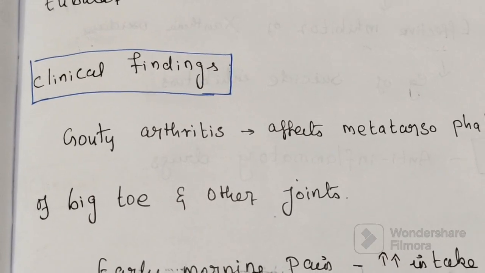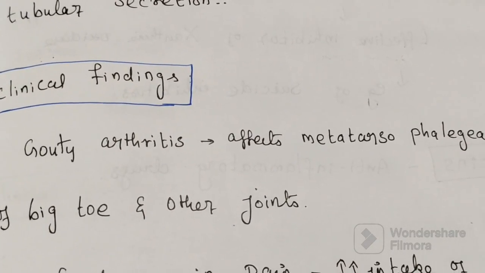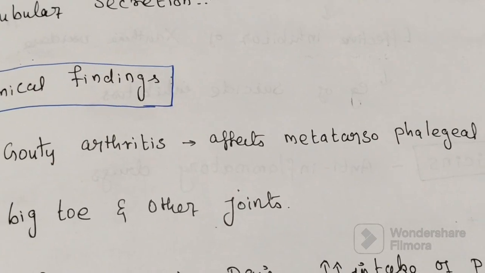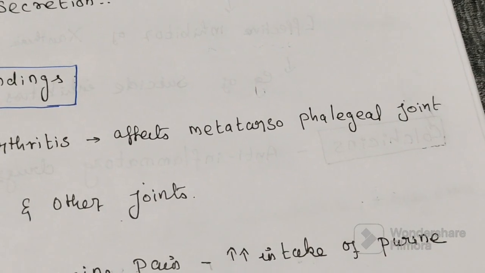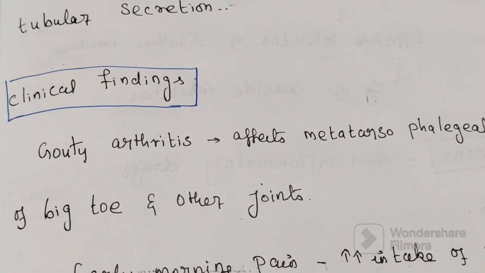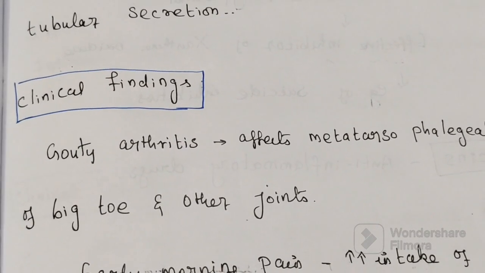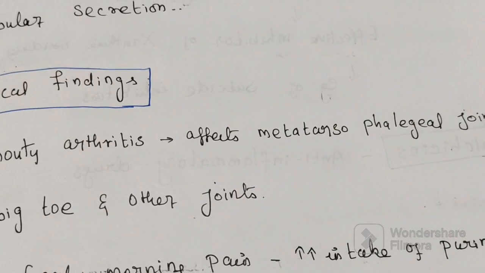Next, clinical findings. Gouty arthritis first affects the metatarsophalangeal joint of the big toe, and other joints may also be affected.